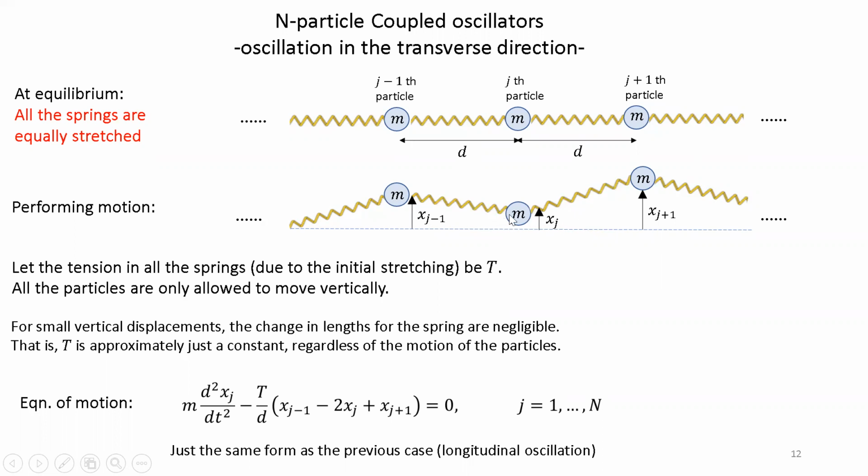However, as I said, I already applied the constraint that this mass cannot move to the left or to the right. I told you already, I only allow this mass to go up or down. So therefore, to study the motion of this mass, I just need to consider the vertical component of the forces given by the two springs.